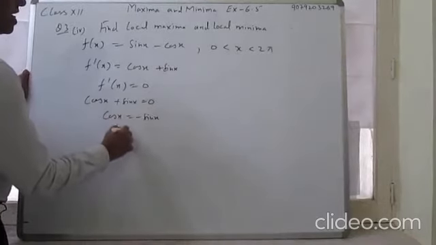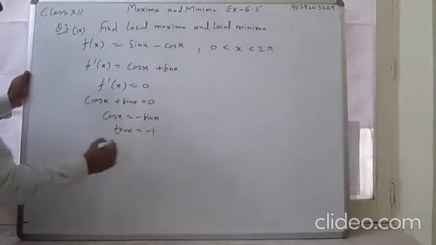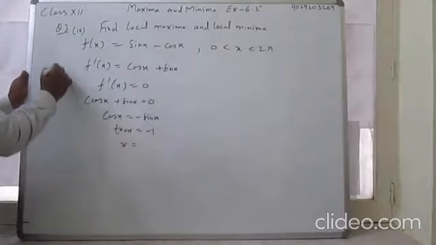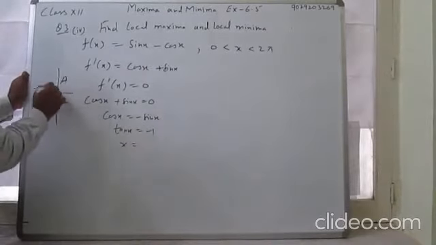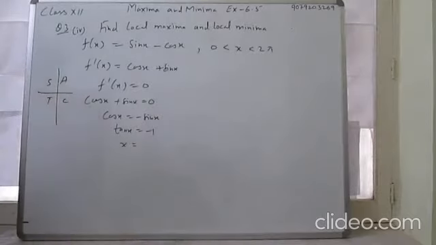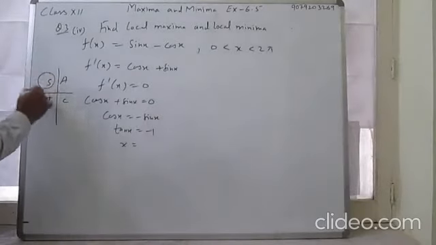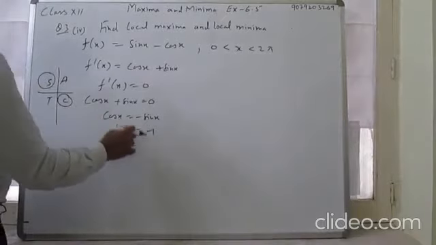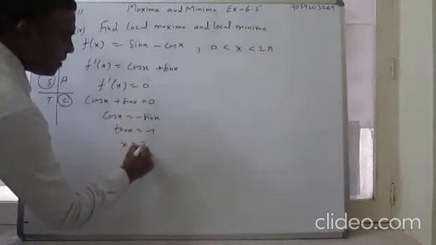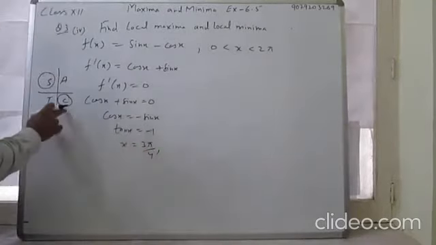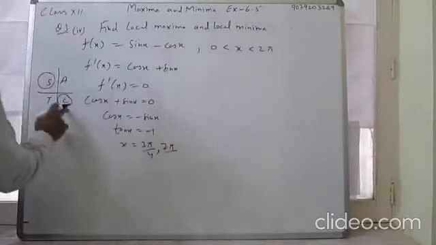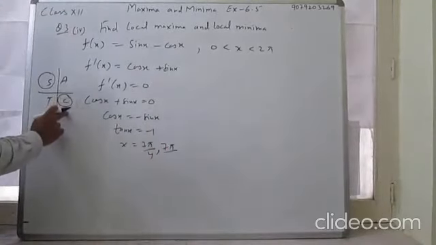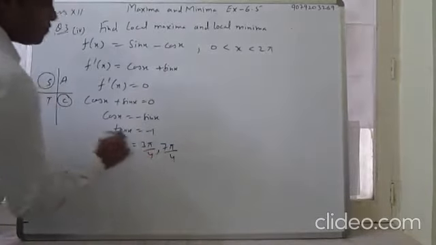It means tan x is equal to minus 1. x is equal to pi by 4 in the first quadrant. Now in the second quadrant and in the fourth quadrant it is negative. So x is equal to 3 pi by 4, and in the fourth quadrant it is 2 pi minus pi by 4, which is 7 pi by 4.